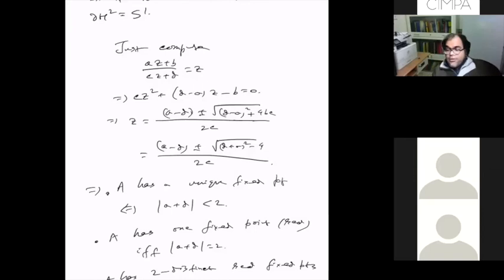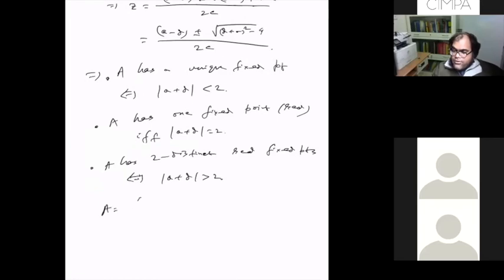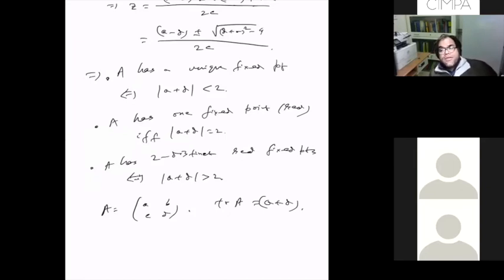On the other hand, look at the corresponding Mobius transformation. So A was (a, b, c, d), and trace of A is a+d. So the number of fixed points of A corresponds to the trace of A.